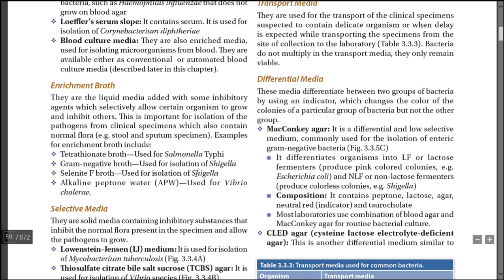So it will help in isolation of only the pathogen from other components. Examples include tetrathionate broth used for Salmonella typhi, which causes typhoid fever; Gram-negative broth and selenite F broth, which are useful for isolation of Shigella; and alkaline peptone water used for isolating Vibrio cholerae. So examples are important. They might be asked in MCQs.